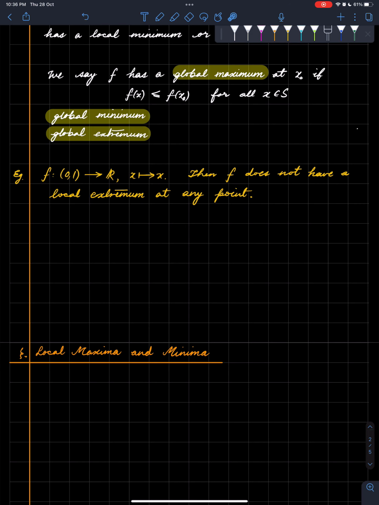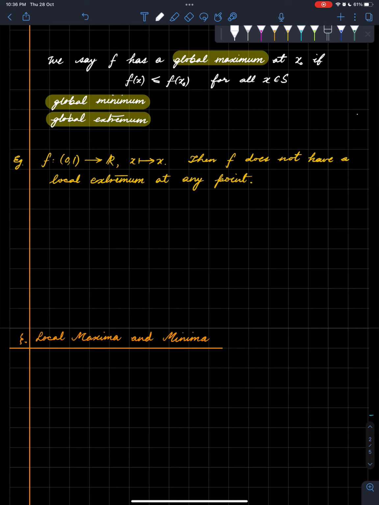So it is not necessary for a function to possess local or global extremum or any such thing, but in special cases they do, and we've already seen such things.